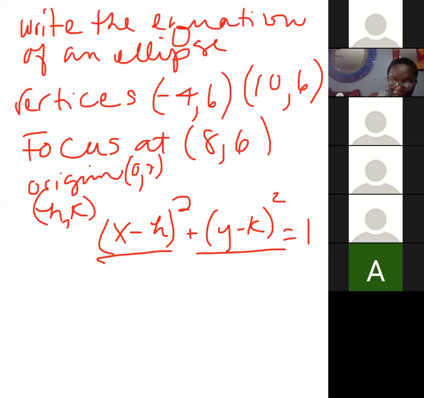Now, I am not writing the denominators yet because we need to figure out which one of these is the major axis. Is it going to be the X or is it going to be the Y? What do you guys think? X. Now, how do you know it's X for sure?